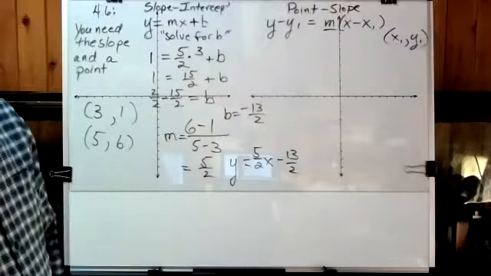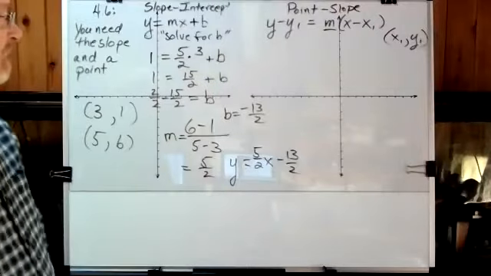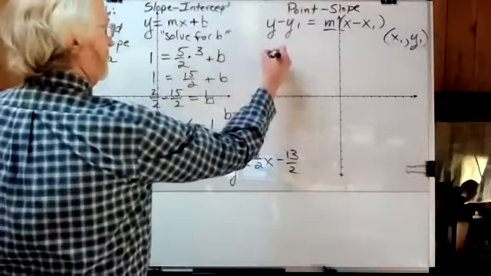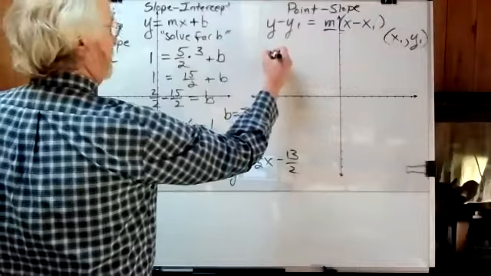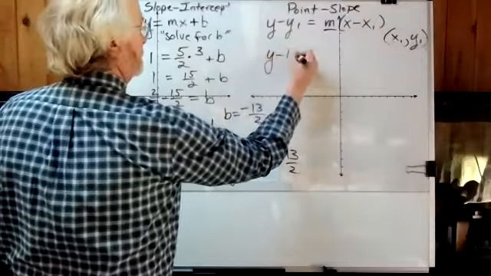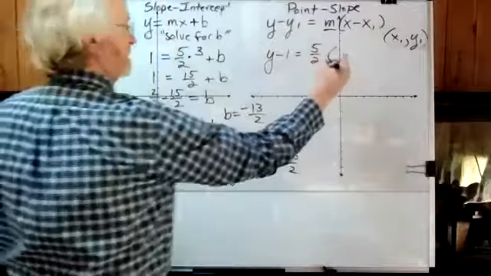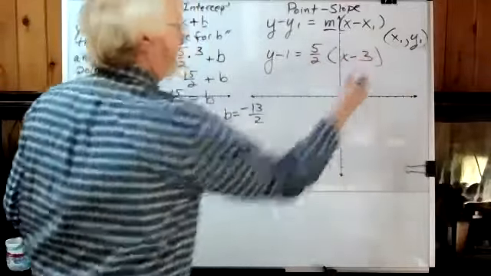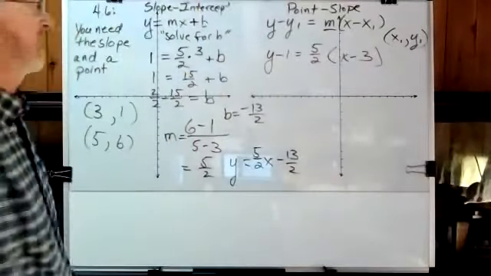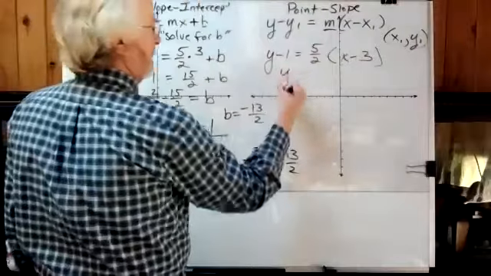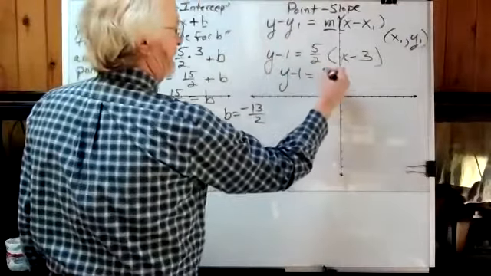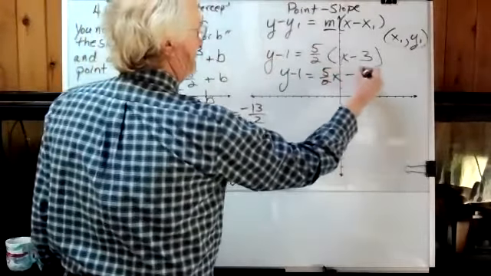This one I have to do just about the same thing probably with the fractions, right? I'll use the same point, x minus 3. Yeah, I'm going to get that same 15/2 over there, aren't I? Going to go y minus 1 equals 5/2 x minus 15/2.